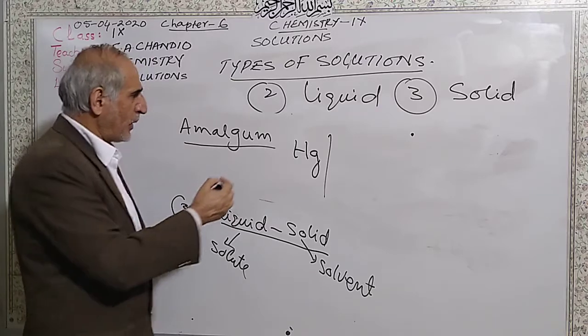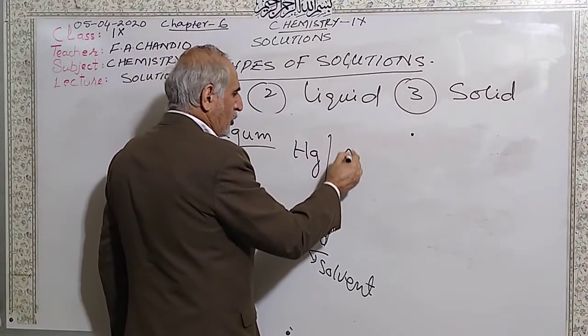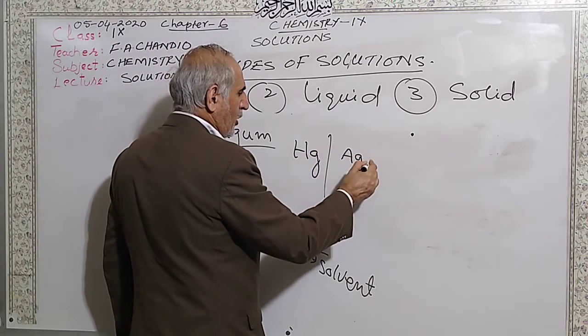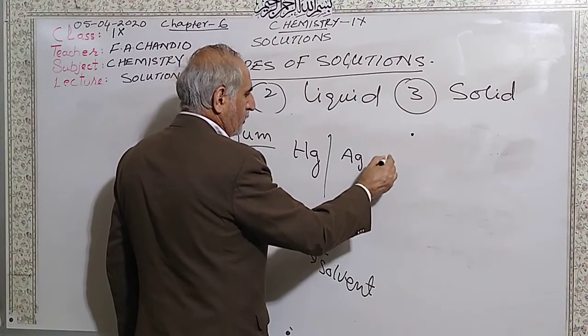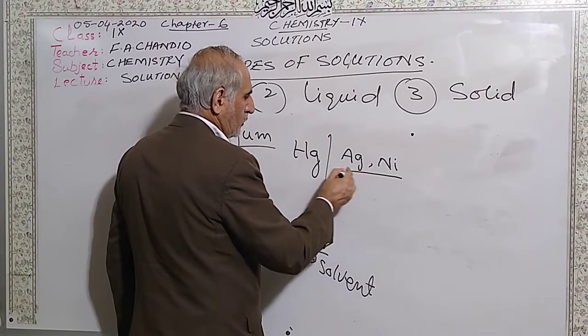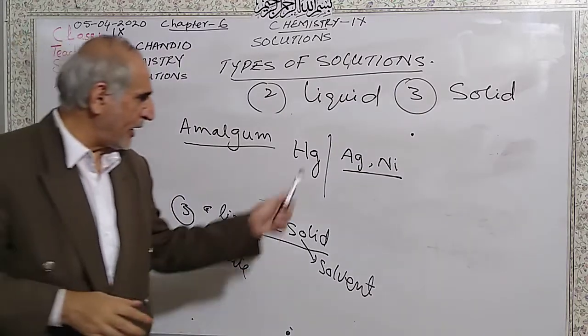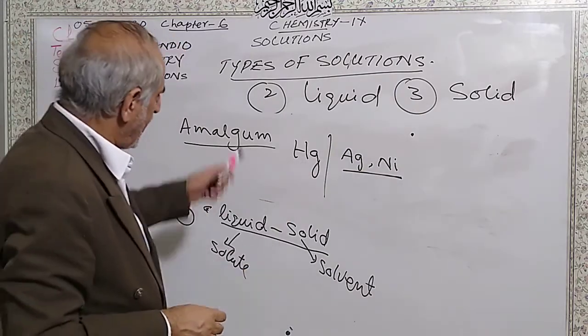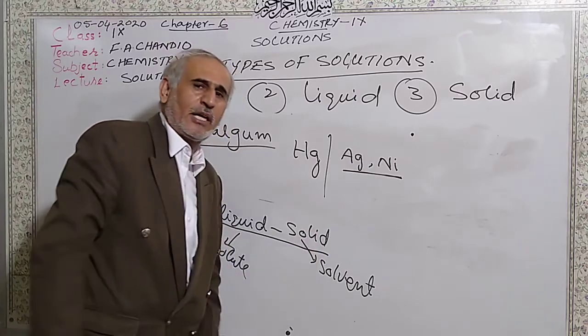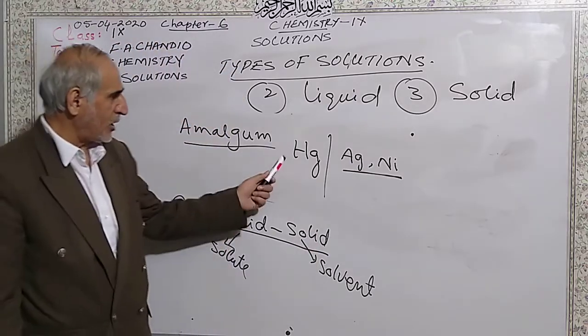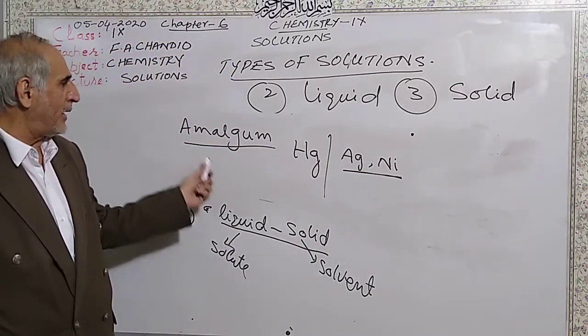Very important example I am giving you. If I am going to dissolve this mercury in silver or in nickel, silver is a metal in solid state, nickel is a metal in solid state, mercury is also a metal but in the liquid state. So this is a solute and this is a solvent to make an amalgam.